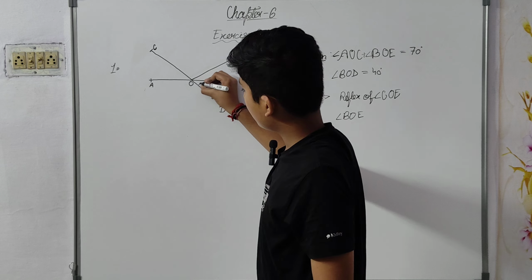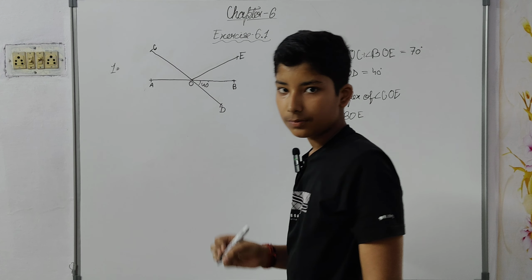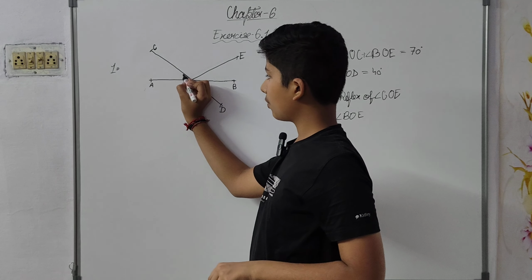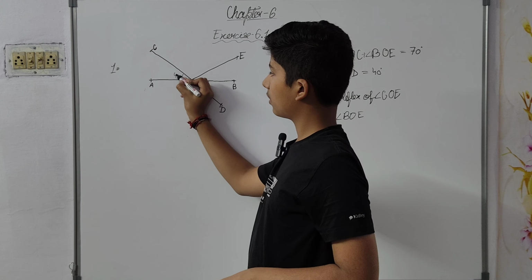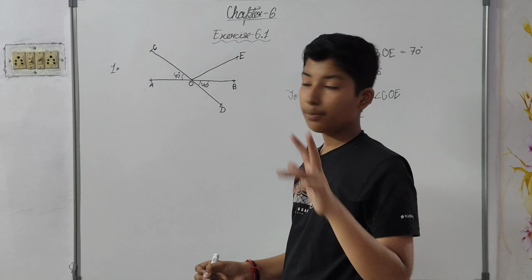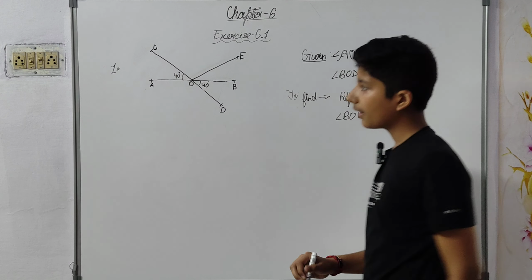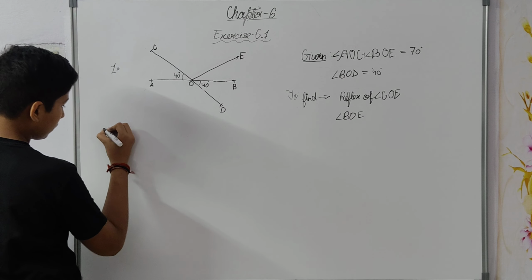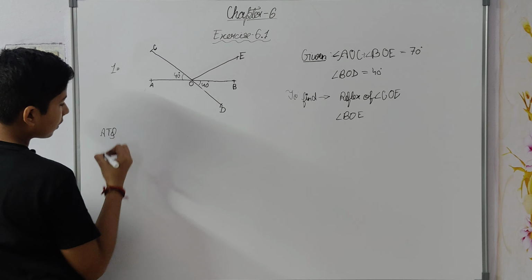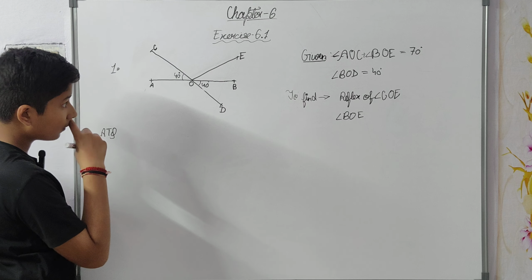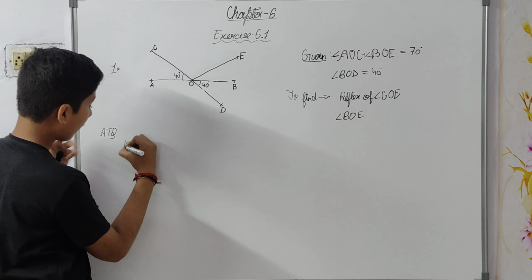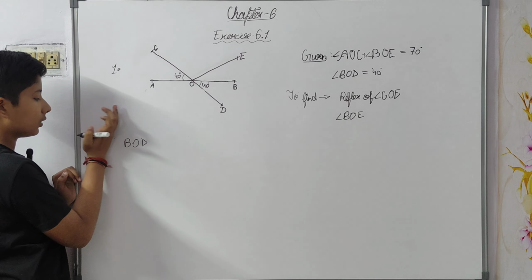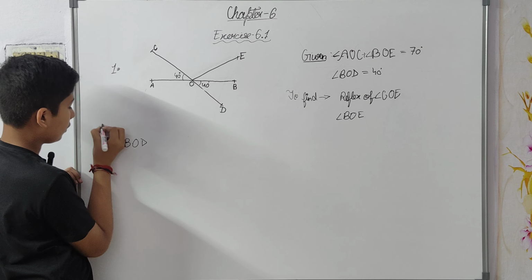So we know that this is 40 degrees. Now we all know that this will also be 40 degrees. Why? Because of vertically opposite angles. So here we'll write the solution.